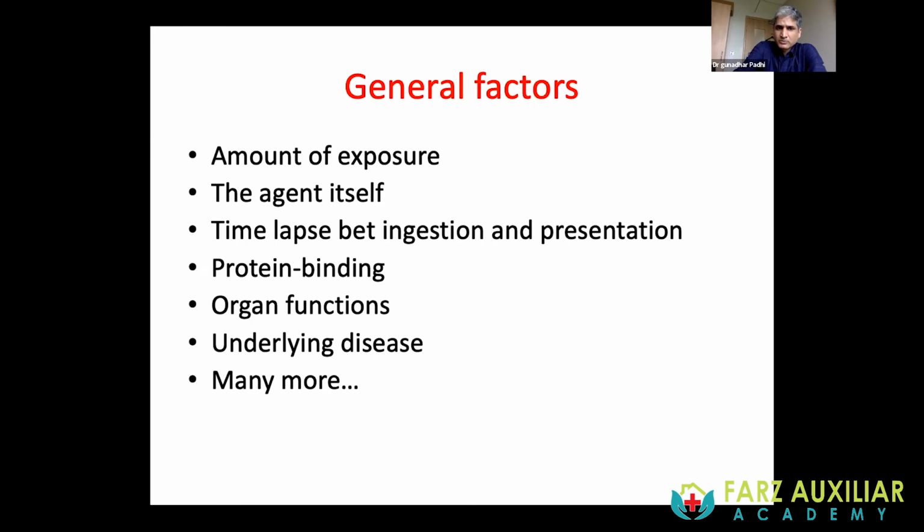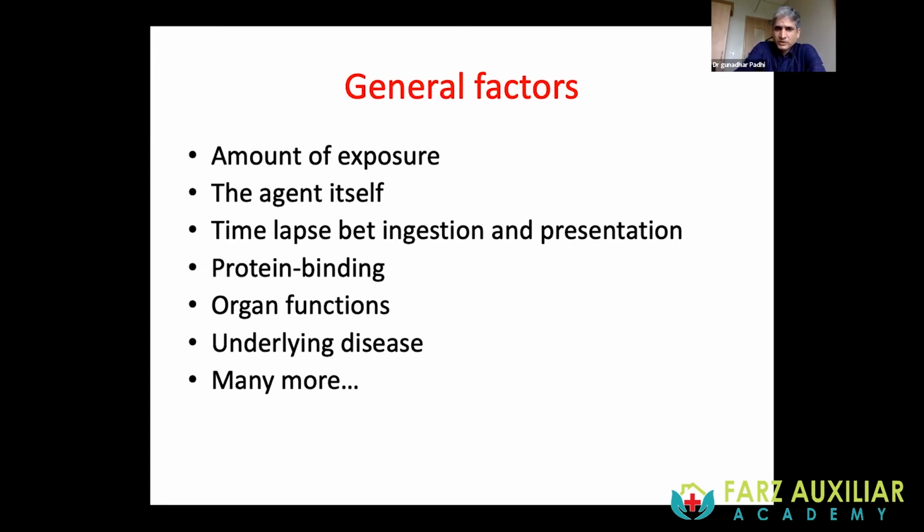Protein binding. Most of the drugs which are protein binding in nature produce more toxicity, like benzodiazepines. Initially most of the drugs get protein bound and subsequently circulate in the bloodstream.